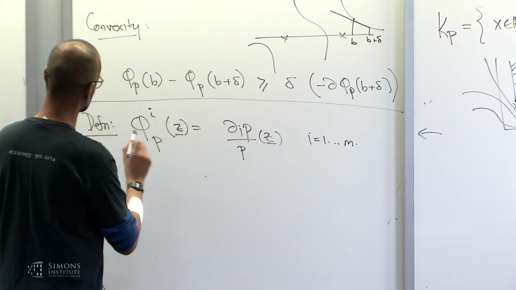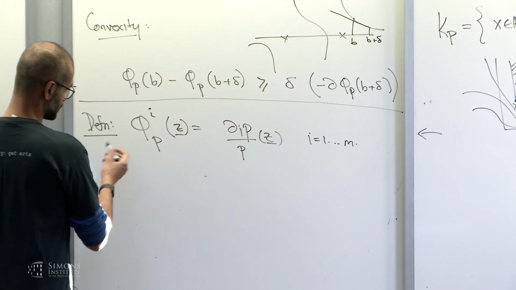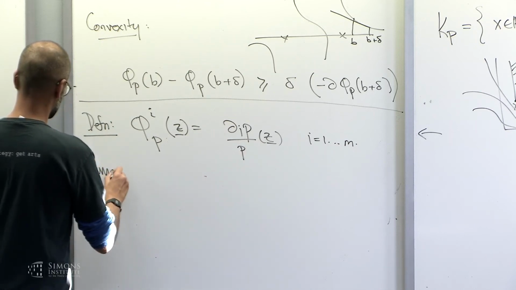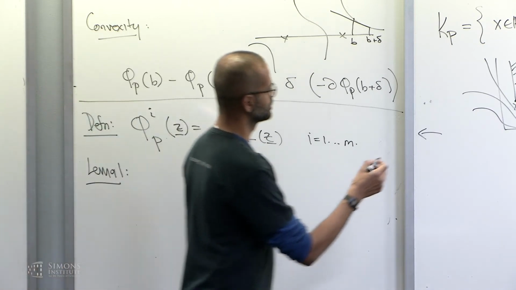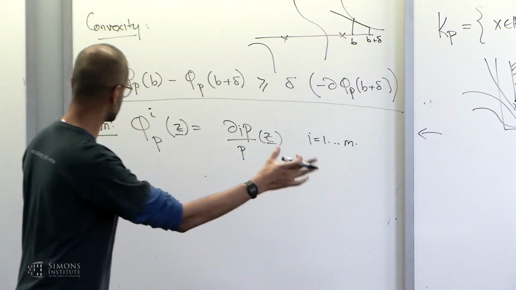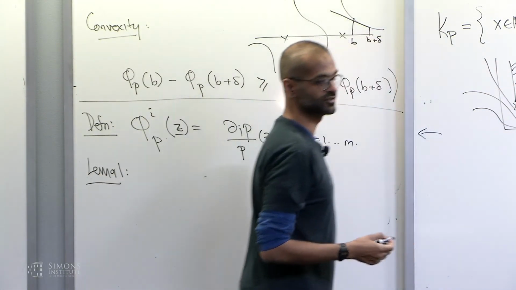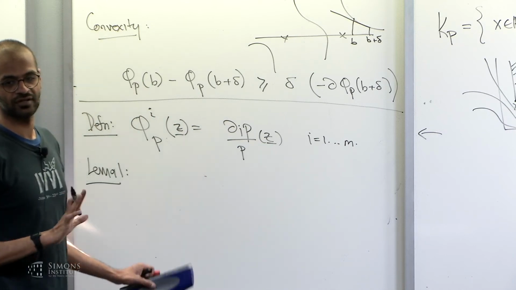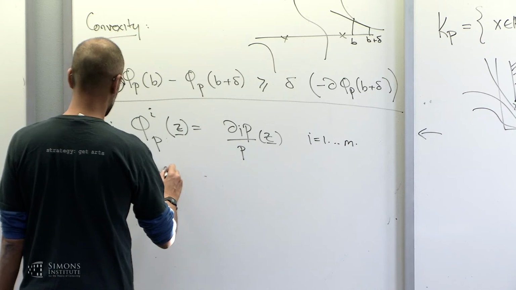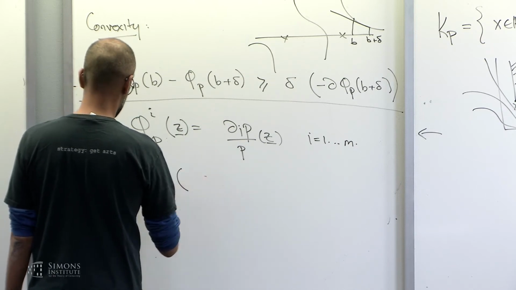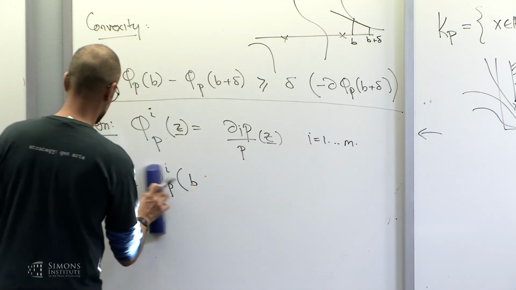Okay, so there are two lemmas about this. So lemma 1 is that this function, so this is some rational function that's defined in R^n. But if I look at what it does inside this cone, it's going to have very nice analytic properties. That's what allows this proof to go through. The first lemma is if I look at these multivariate barrier functions, at any point, maybe I'll write it like this.